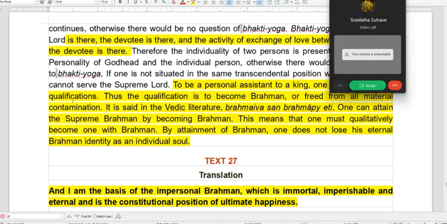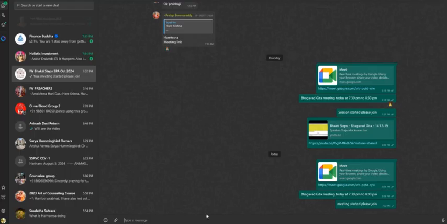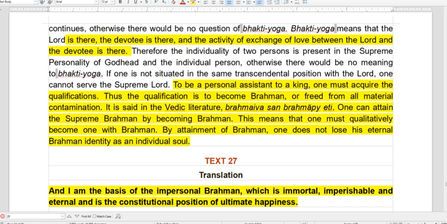So you can see, she got killed because the personal assistant had envy, right?